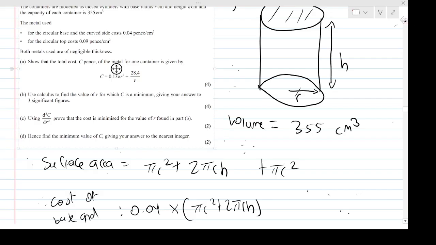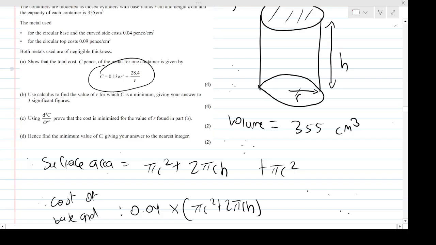There's a lot of marks, and that is just differentiation, which should be a bit more accessible than part A. So if you can't do part A, do not worry and just skip the whole question. Please try and do the other parts, which are just differentiating that expression. But hopefully that made some sort of sense. That's the core idea, that usually we want to consider the volume and the surface area of the shape, and then substitute one equation into the other to get the expression they want.